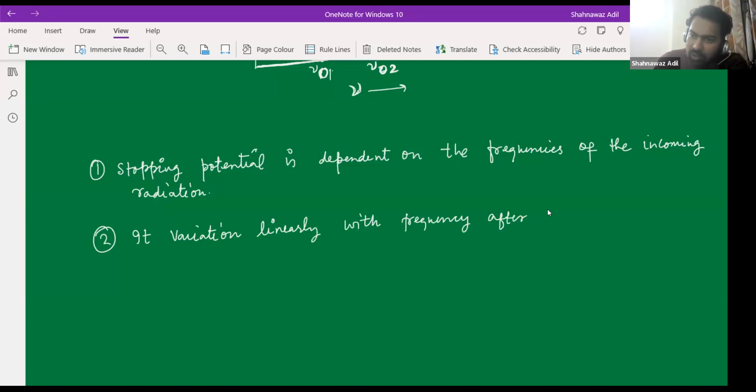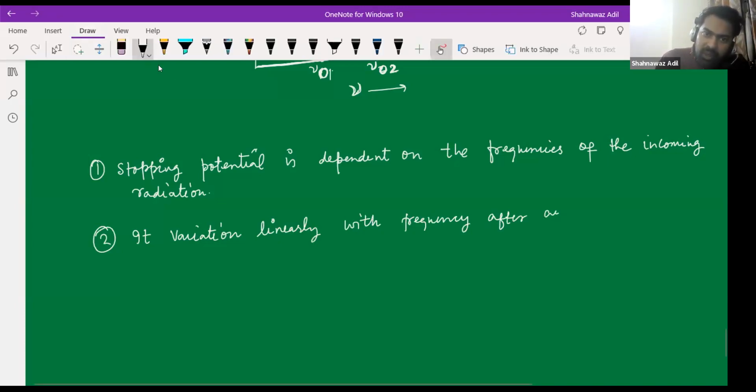after achieving a minimum threshold. I should not write threshold; I will write about this later.